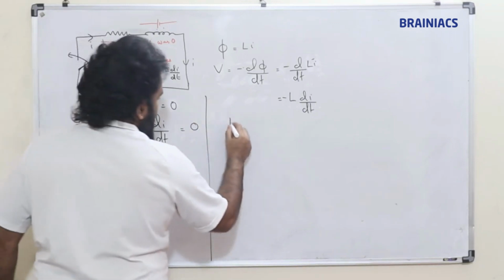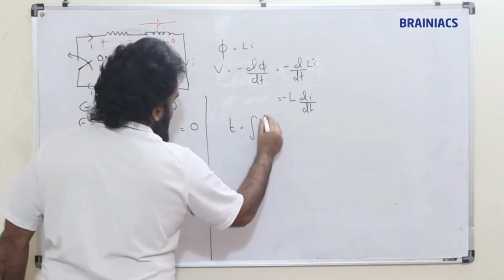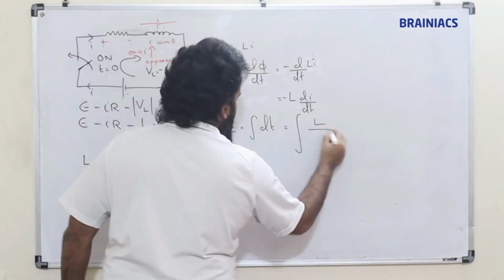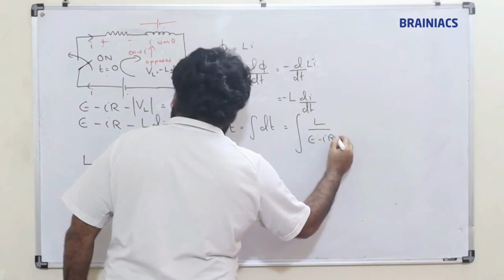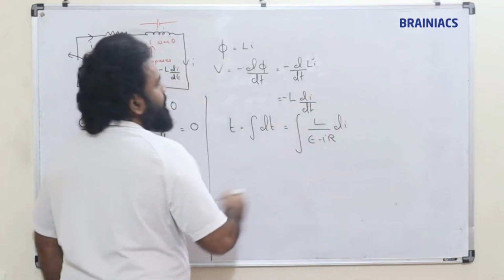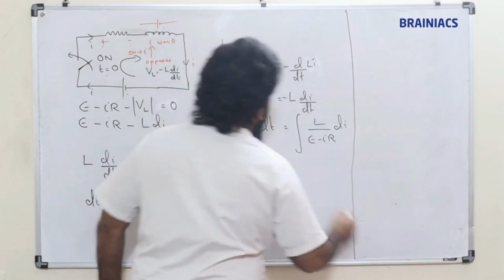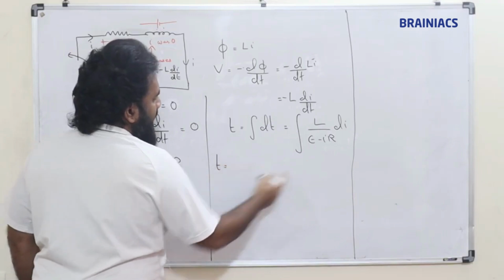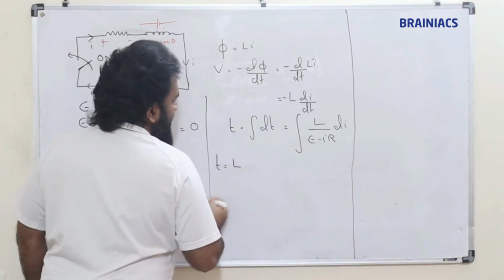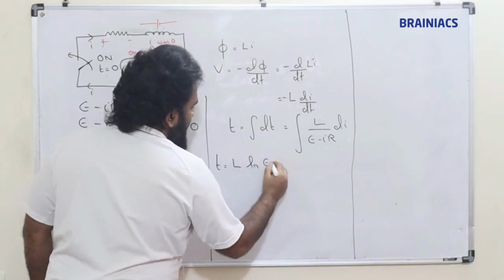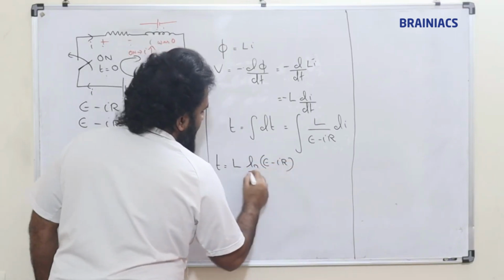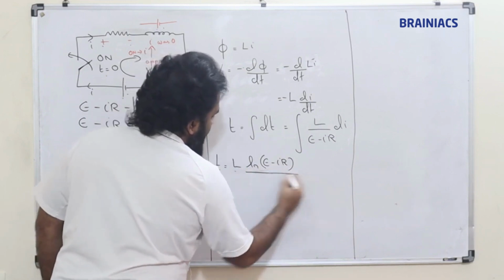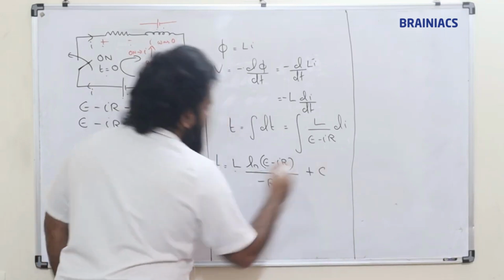So t is equal to integral dt, which is equal to integral L by (E minus IR) di. Now when we integrate this, we get t equal to L into natural logarithm of (E minus IR) divided by minus R, plus a constant.